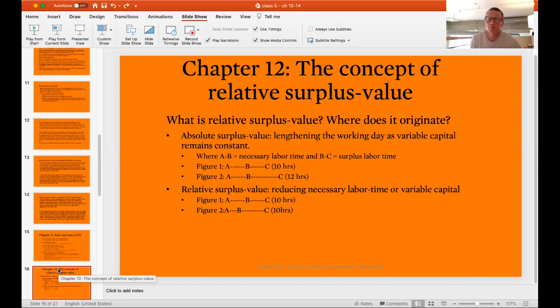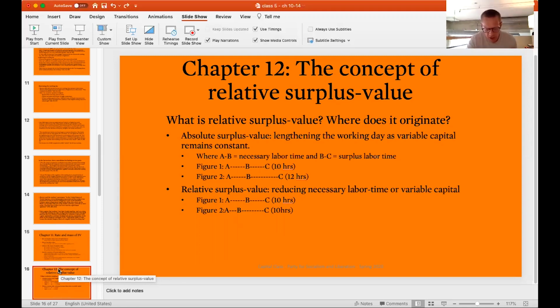So one of the things that's interesting here is that relative surplus value, which is when the capitalist mode of production comes to stand on its own, is the result of this class struggle, and the way that it plays out, and the limiting of the working day, at which point capital has to find other sources of surplus value.